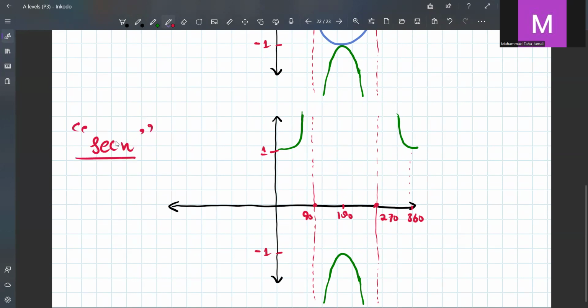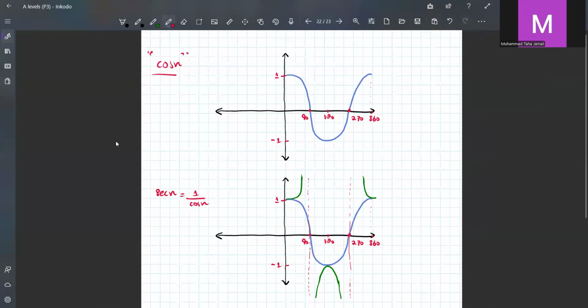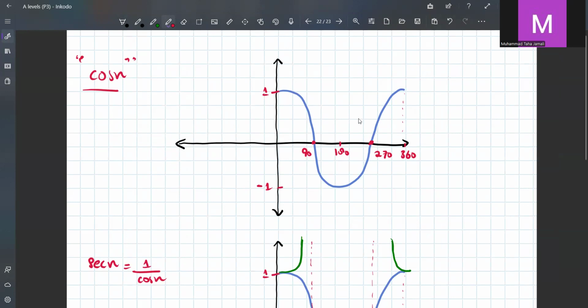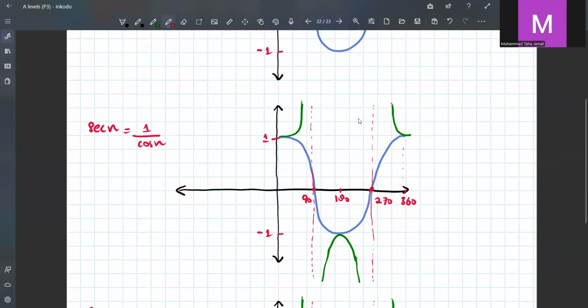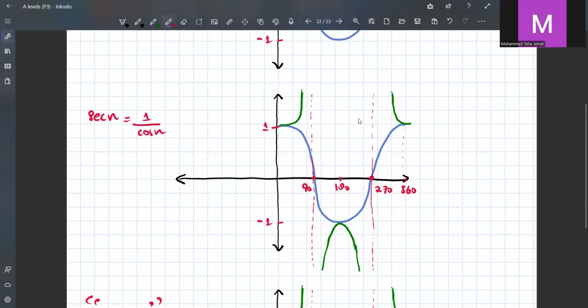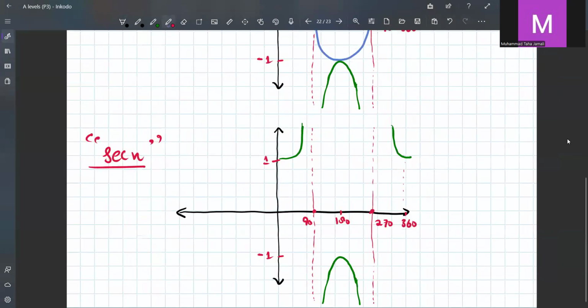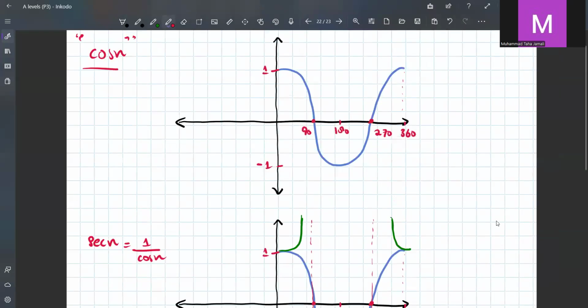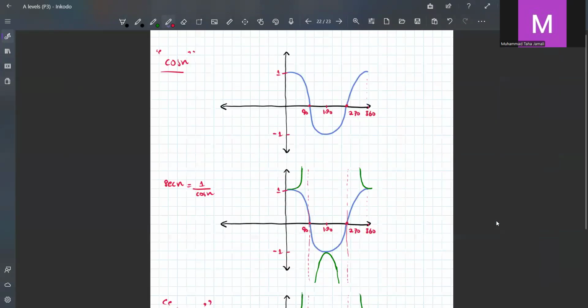We learned what a cos x graph looks like, and since sec x is 1 upon cos x, the graph of sec x would be this green part, and this is the final version after removing the graph of cos x. This is it. Make sure to copy it in your notebooks.